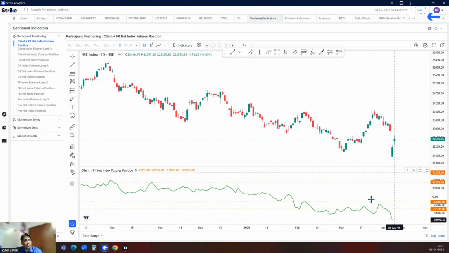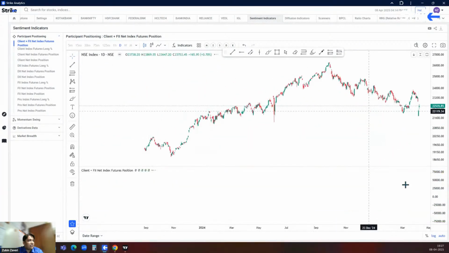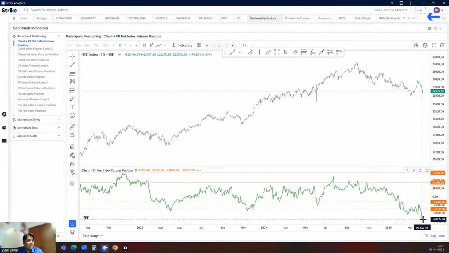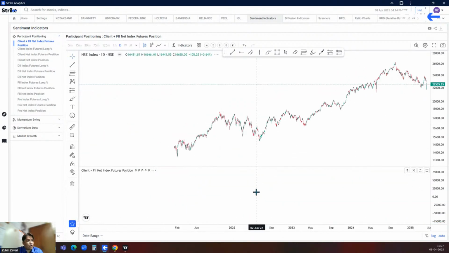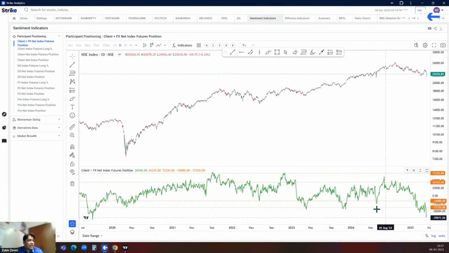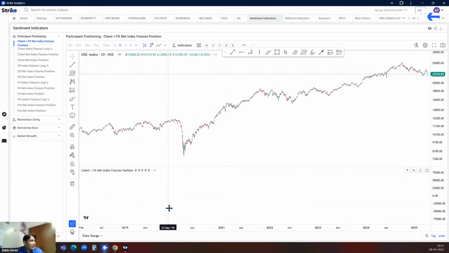This was because of Trump, but this particular level is at its lowest level. So FIIs are sellers, and this selling is at its lowest level, which is indicating that somewhere from here, it is overdone.